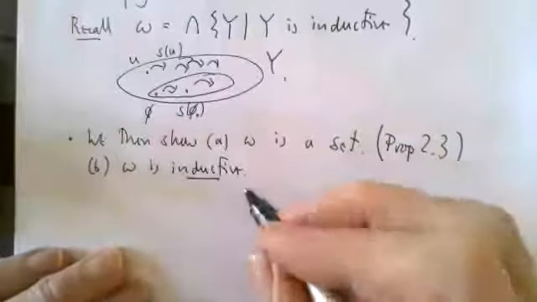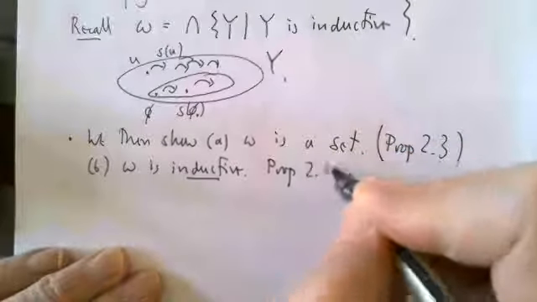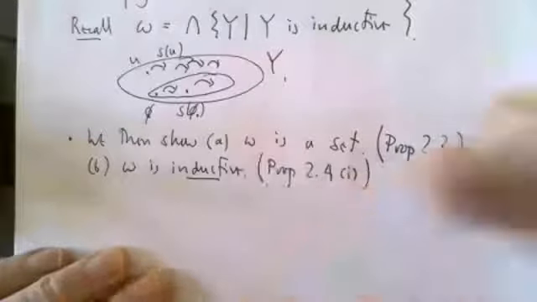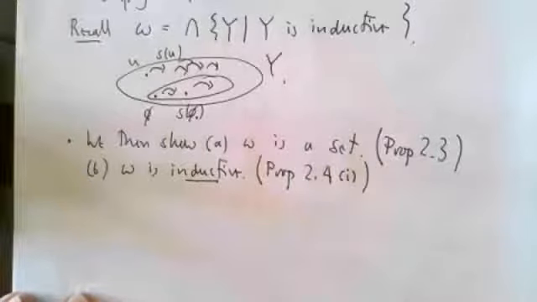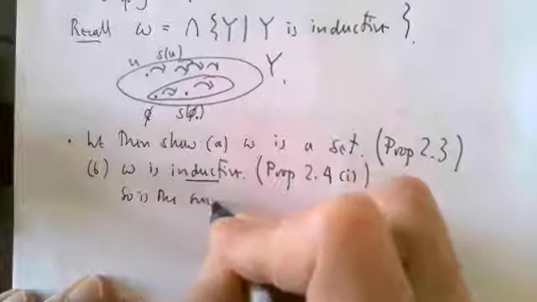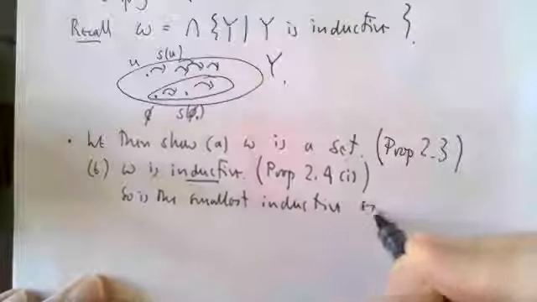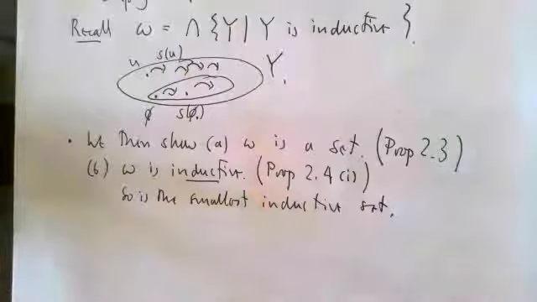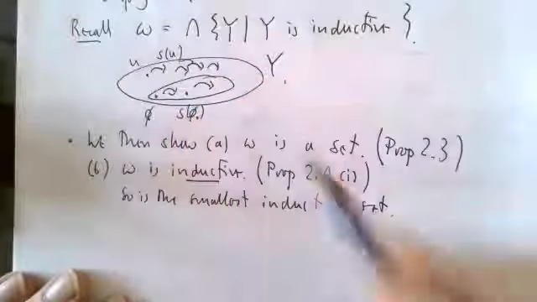So omega is itself inductive, and this is proposition 2.4.1. So it's the smallest inductive set.